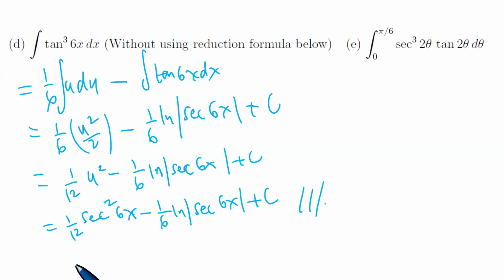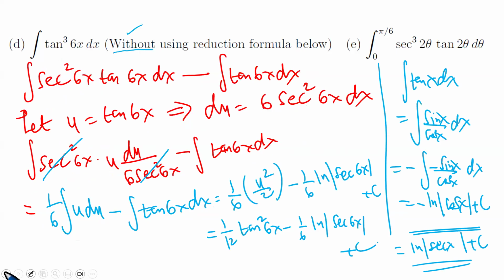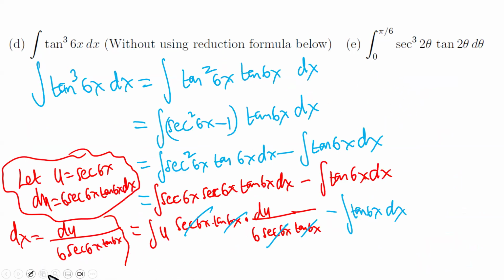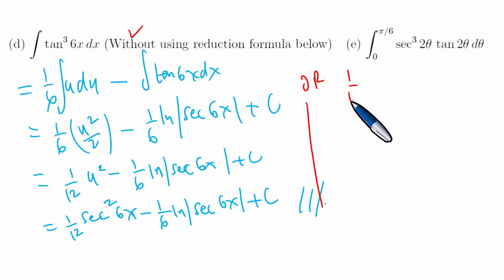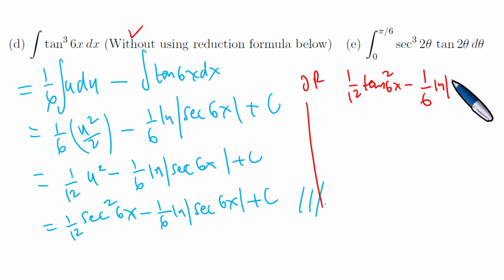Okay, so this is the answer we got, obviously without using the reduction formula. What is the other answer? Check. Is this one 1/12 tan squared of 6x minus 1/6 the ln of the secant of 6x plus c?